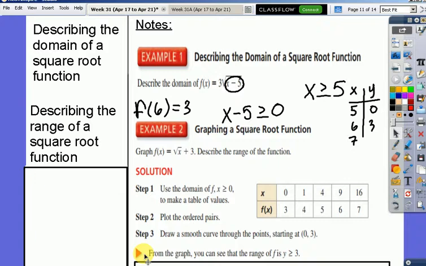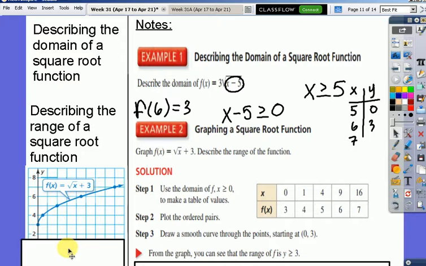When you plot this and you're actually graphing it, you're just plotting points. You can see that it starts at 0, 3, because this takes your parent function, moves it up 3, and then you just shoot that way, right? So it's 3 or more. In other words, y is greater than or equal to 3.